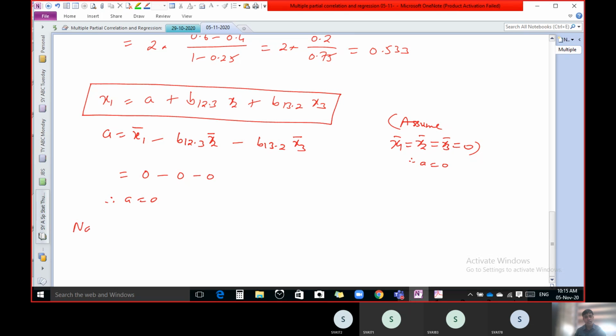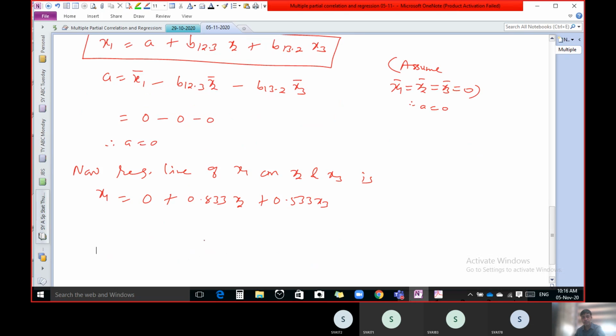So our formula becomes: a is 0, b12.3 is known and b13.2 is also known. Now the regression line of x1 on x2 and x3 is x1 equal to a, which is 0, plus b12.3, which is 0.833 x2, plus b13.2, that we already calculated, 0.533 x3.